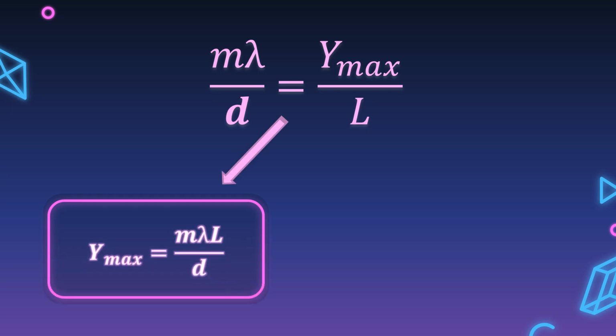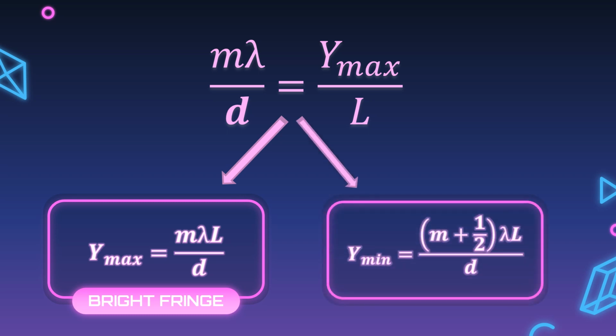With that, we now have our formula for bright fringes: y max is equal to m multiplied by wavelength multiplied by L divided by d. And our formula for dark fringes: y min is equal to m plus 1/2 multiplied by wavelength multiplied by L over d.